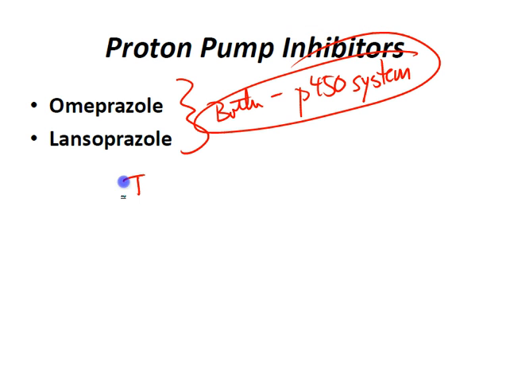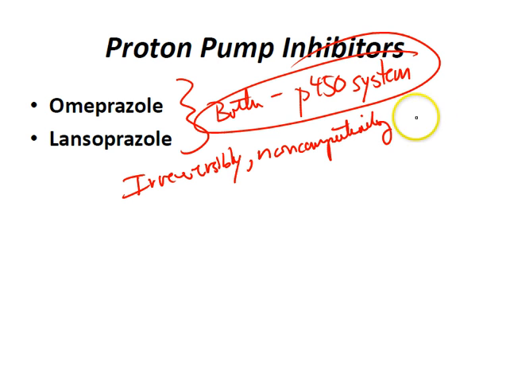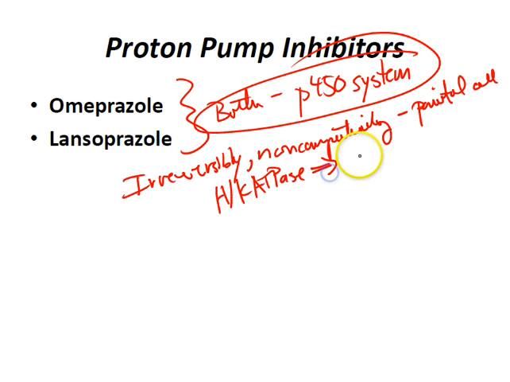These irreversibly, non-competitively inhibit parietal cell hydrogen potassium ATPase. Therefore, what's that going to do? It's going to lead to decreased acid or HCl secretion.